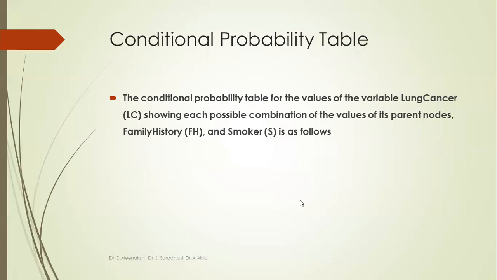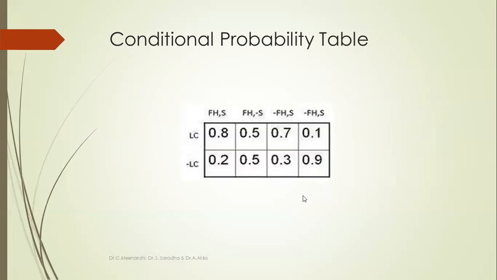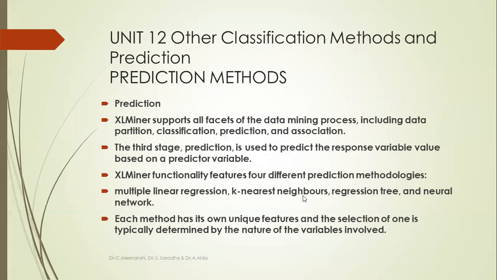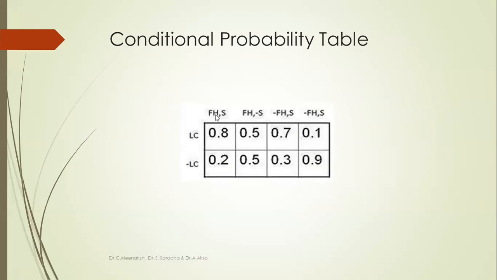Next we'll be seeing the conditional probability table. The conditional probability table for the variable lung cancer shows each possible combination of the values of its parent nodes, the family history and the smoker, and it is given as follows.